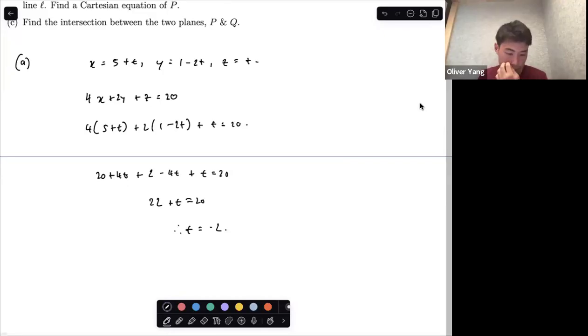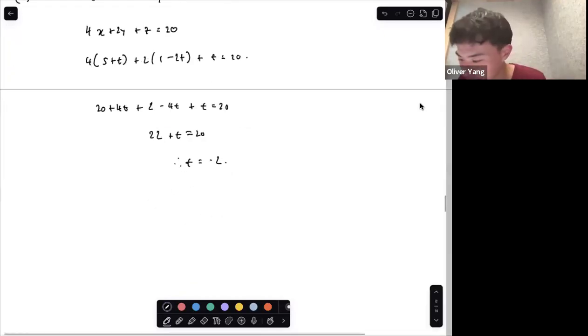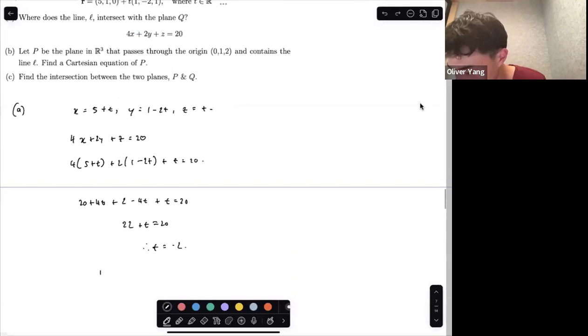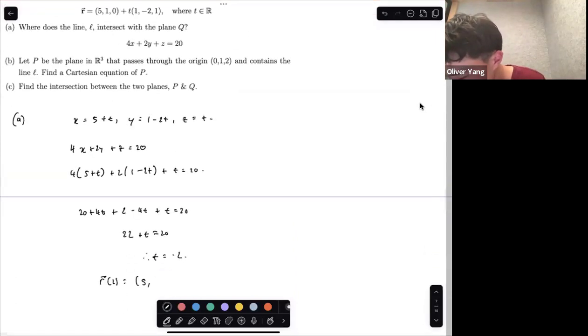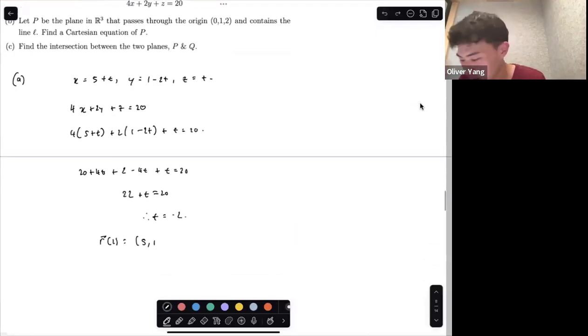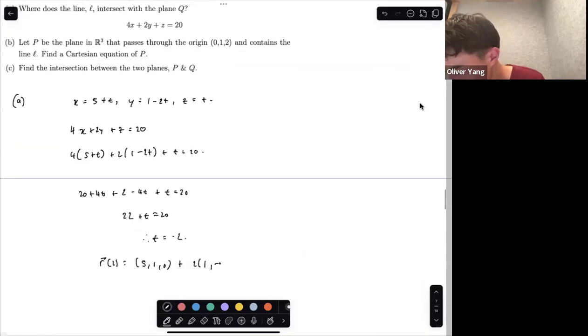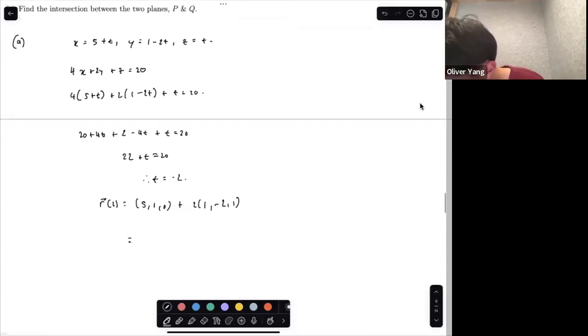And so therefore it should intersect. We'll sub -2 back into our vector equation. So r of -2 equals 5, 1, 0 plus -2 times 1, -2, 1, and then we just do math for this, so it should be 3, 5, -2, right?